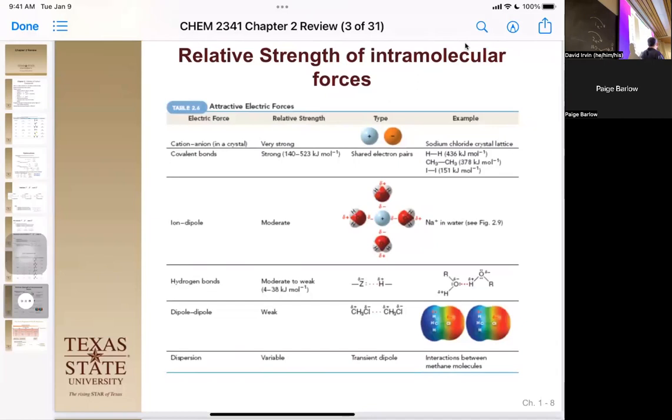Then the next strongest one is dipole-dipole, because you have a permanent dipole. The partially positive side lines up with the partially negative side and raises the boiling point. Then next we have hydrogen bond, which can bond a lot of times and therefore really increases the boiling point, assuming all the masses are the same. If masses are different and they have the same type of interaction, the higher molecular weight is going to be the higher.